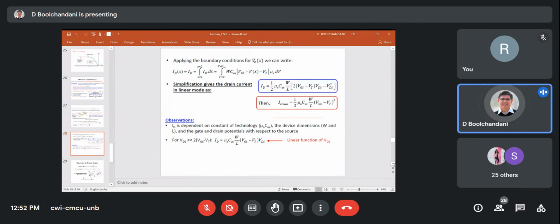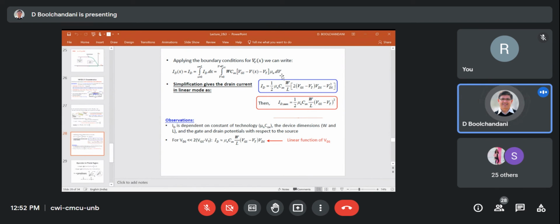Now applying the boundary conditions, you integrate the equation from x equal to 0, where the voltage is 0, which is the source voltage, to x equal to L, where the voltage is the drain to source voltage. In the expression for ID, which is mu W COX (VGS minus V(x) minus VT) dV by dx, the dx cancels out, and here you have dV.